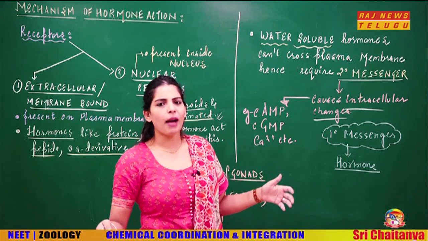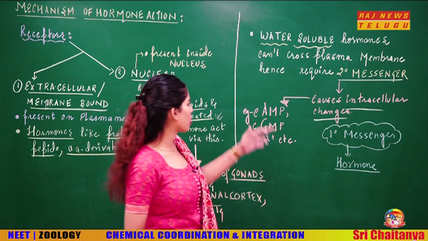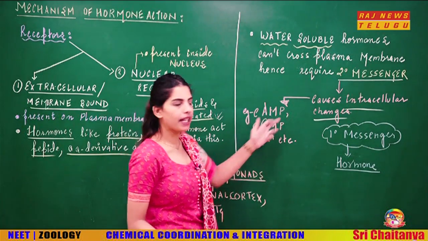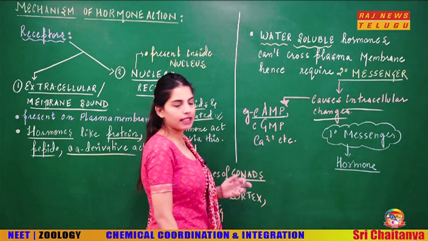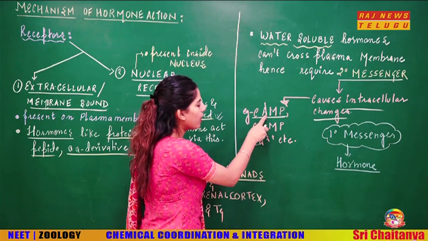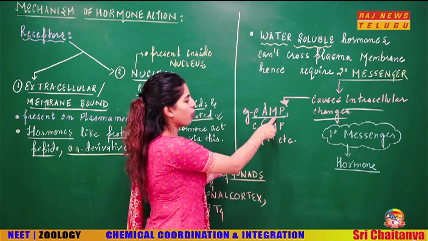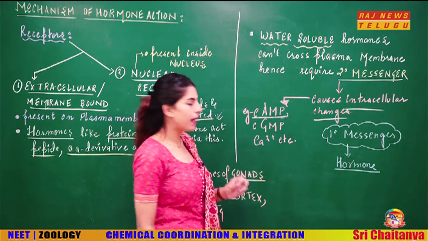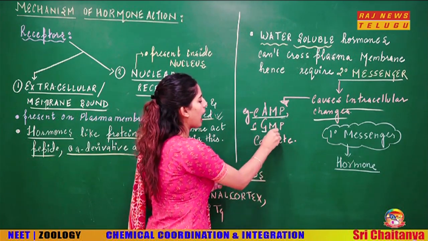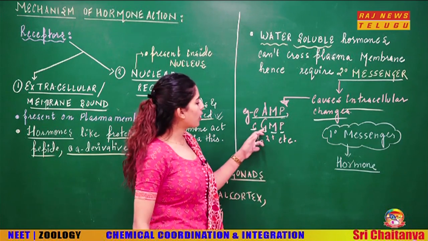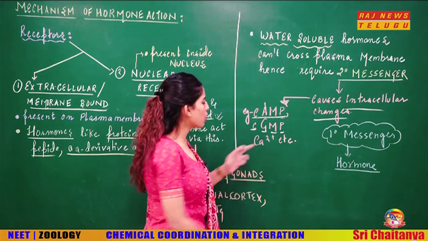And there are a lot of examples we are going to discuss in detail, like cyclic AMP. This cAMP stands for cyclic adenosine monophosphate. This is cyclic GMP, that is cyclic guanosine monophosphate. Also calcium.